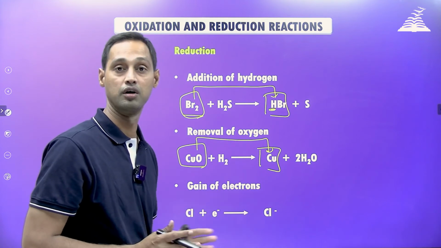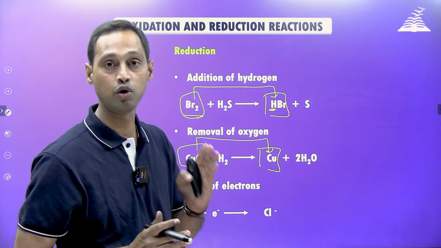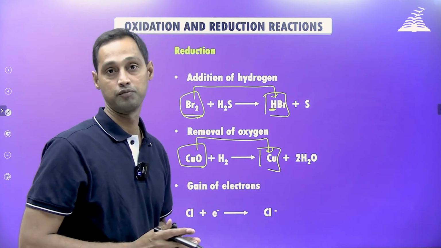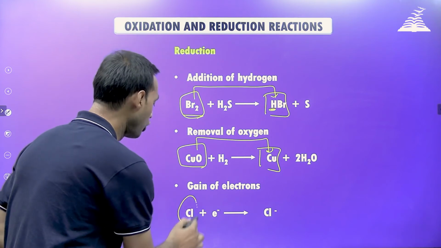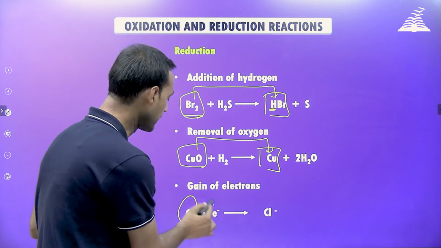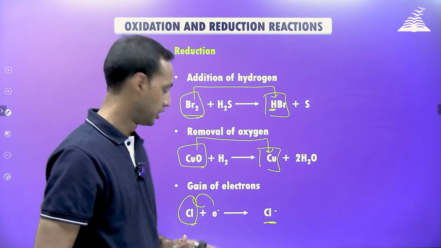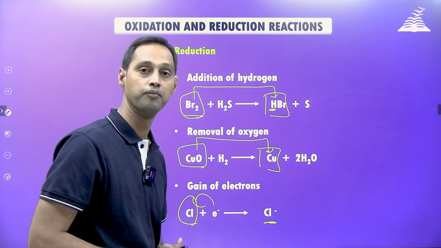So this is reduction. According to the modern electronic concept, gain of electrons is reduction. Let us see an atom of chlorine taking an electron, giving us a chloride ion. It is gaining 1 electron so that an anion is formed.